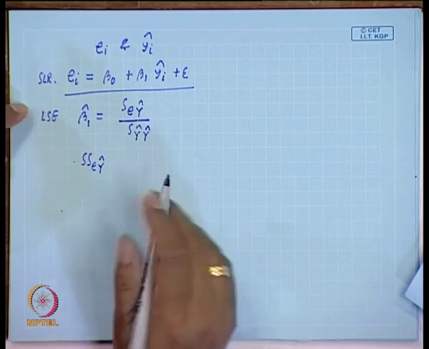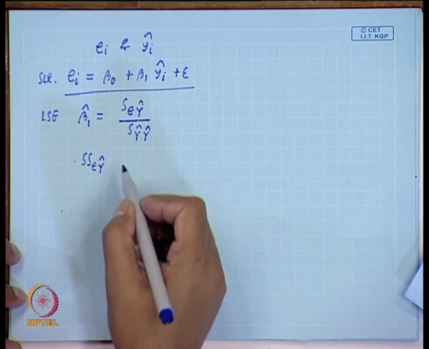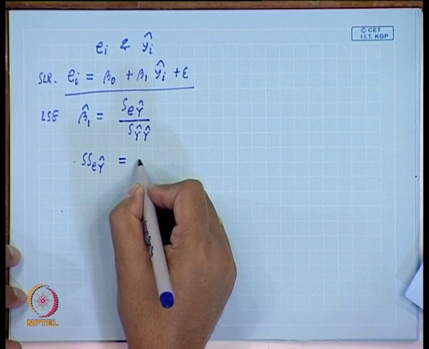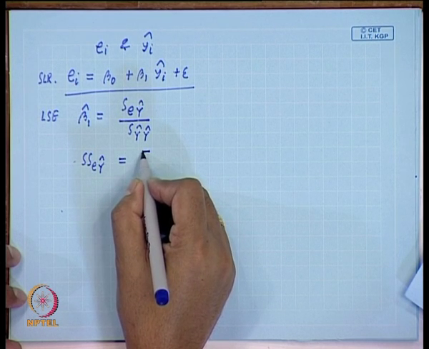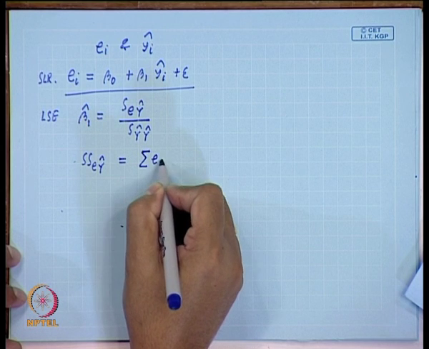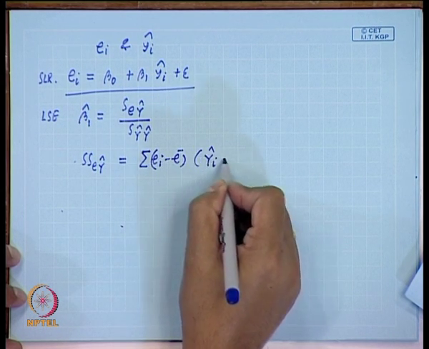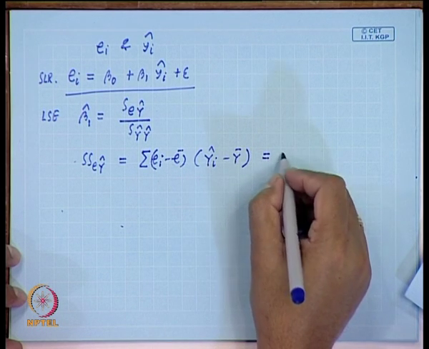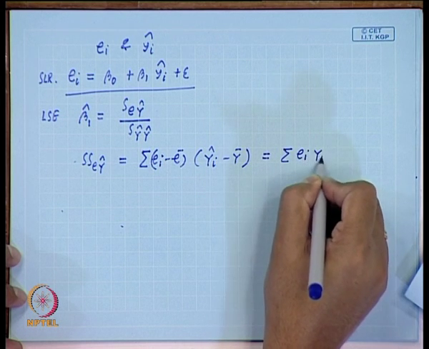That means there is no linear relationship between E I and y I hat. So, this is going to be equal to summation of E I minus E bar into y I hat minus y bar, and you can check that this is nothing but summation E I y I hat.